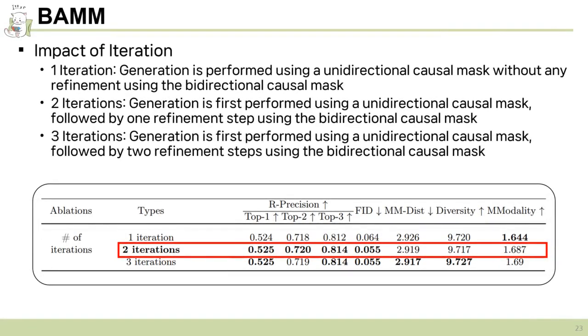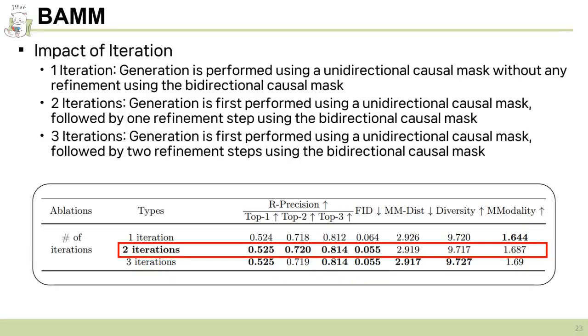Now let's look at the impact of iterations in BAMM's inference process. R precision measures how accurately the generated motions match the input text. Higher R precision values indicate a better match between the motion and the given description. Diversity measures the variety of motions generated by the model for different prompts.